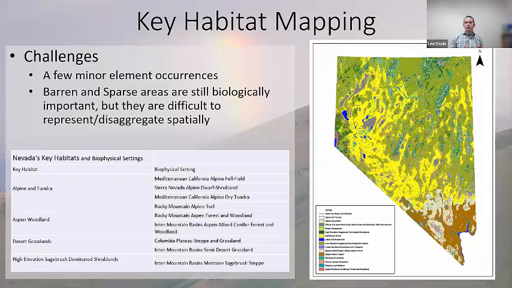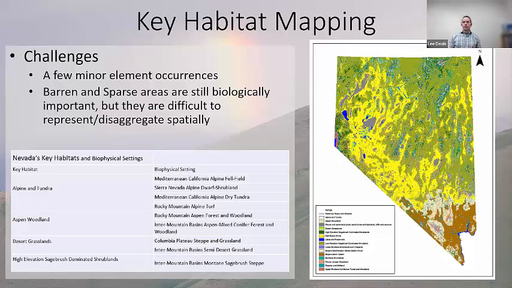So there were a couple of minor challenges with this process. There are some minor element occurrences, some minor biophysical settings that occur in the state that probably won't be addressed further in our products because either they were missed classes, especially along the Sierra front, or that kind of small thing.